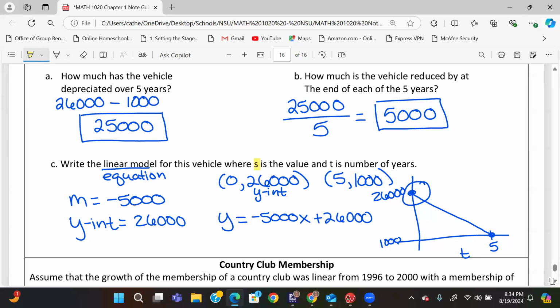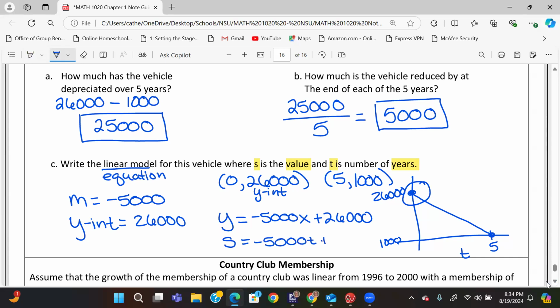But they want S for the value and T for years. So you're just going to have to change the variables, change the letters up. I would wait to do it to the end since you're used to using x and y.